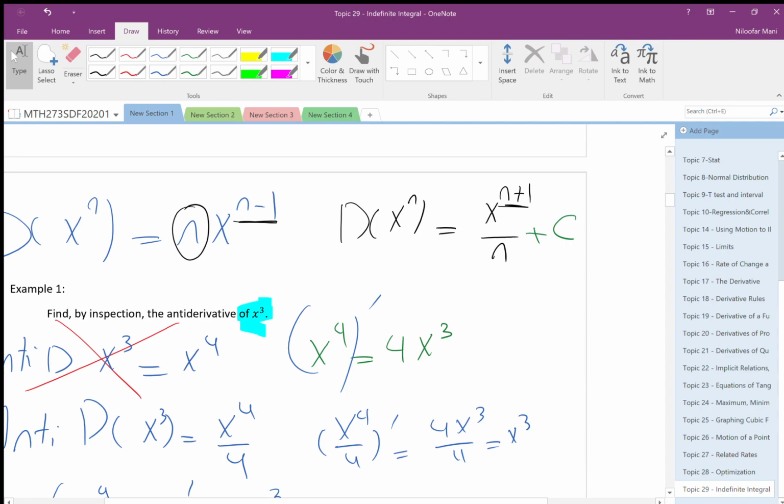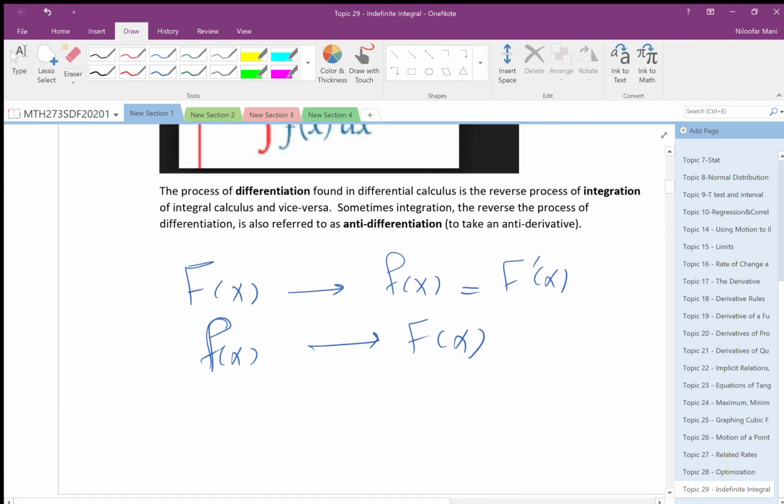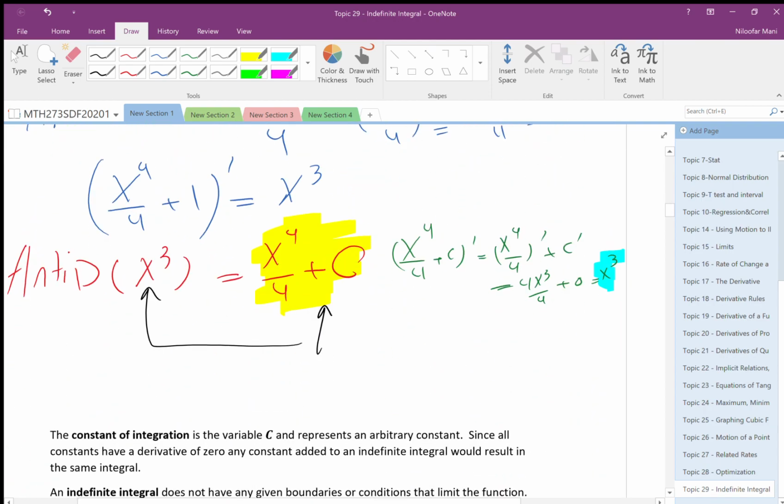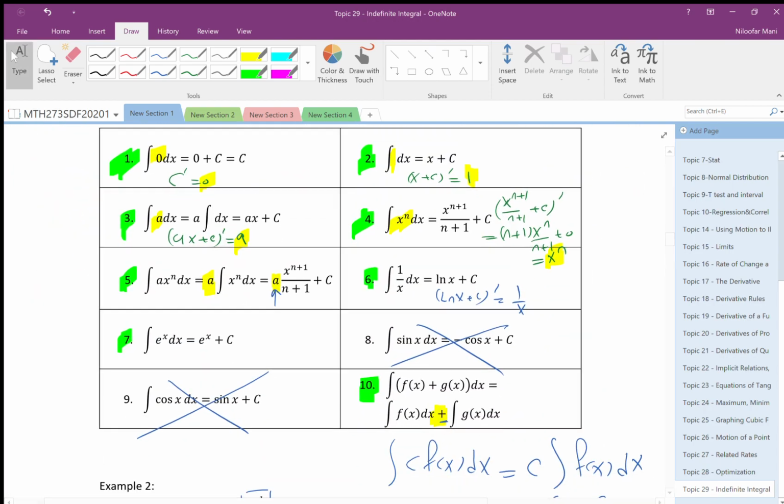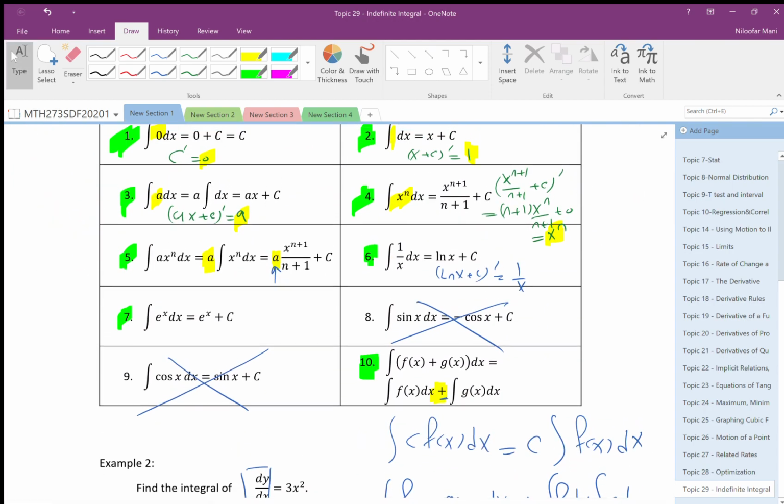I have to add plus 1 here, and I have to mention n is not minus 1, so the formula doesn't work for minus 1. n cannot be minus 1 because otherwise you have division by 0.